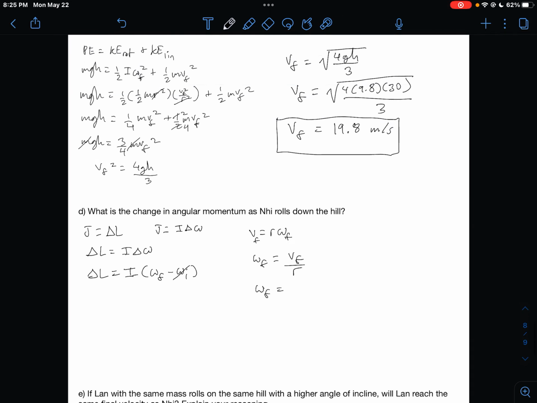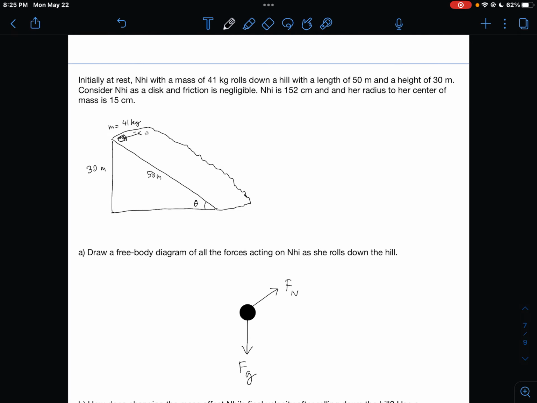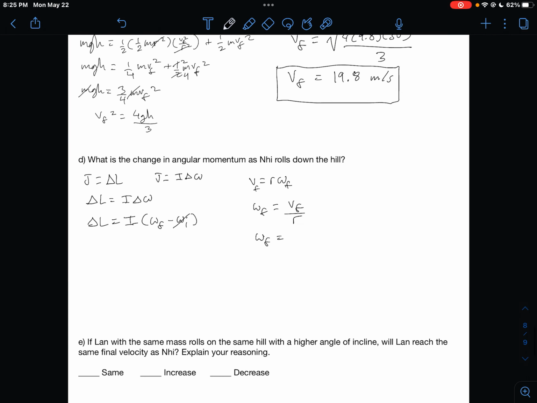Her r is 15 centimeters, which is 0.15 meters, and then 19.8 divided by 0.15.